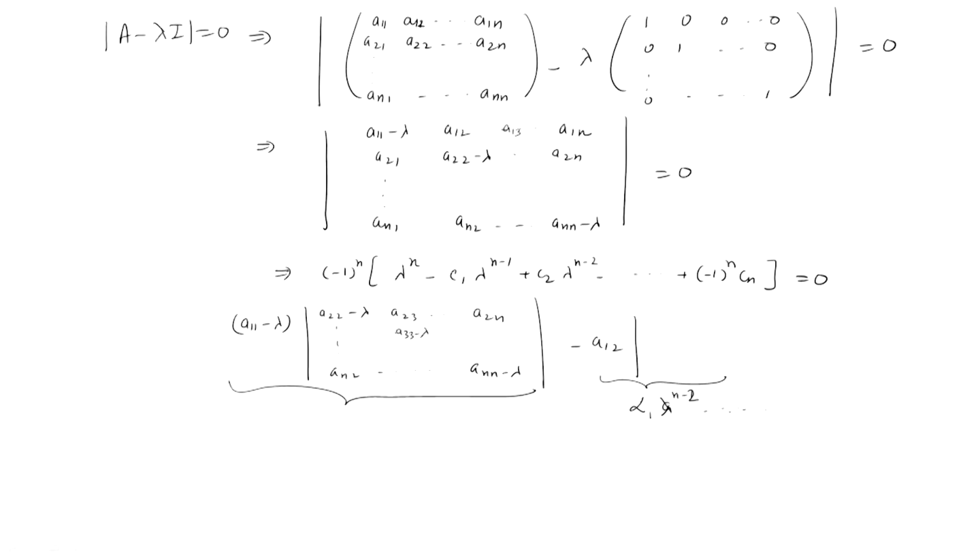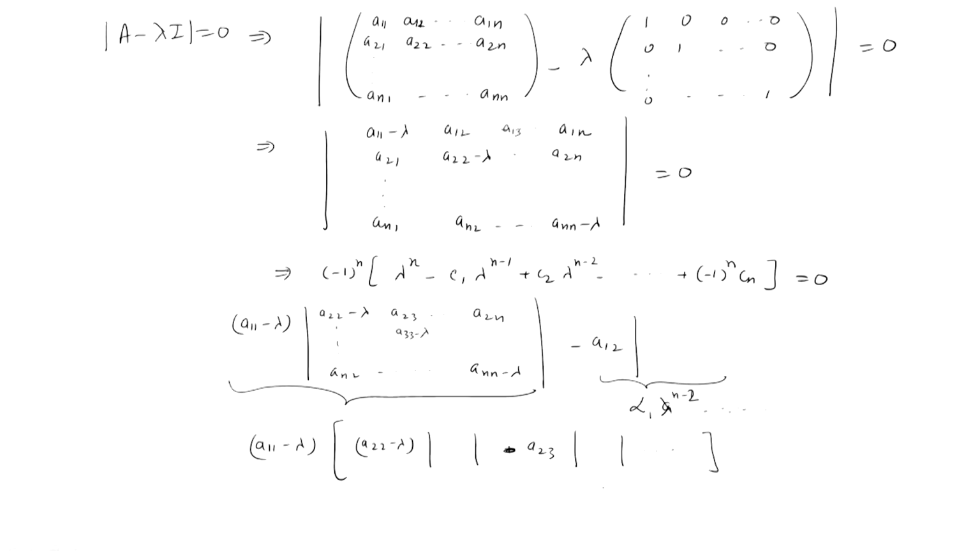So, you see, if you take A11 minus lambda and expand this determinant, then it is A22 minus lambda and again some determinant, plus and minus A23 and the determinant of some other thing, in which 2 powers of lambda are not there.